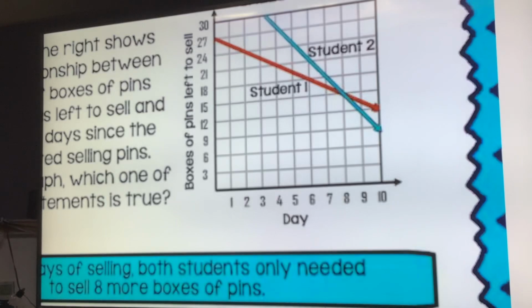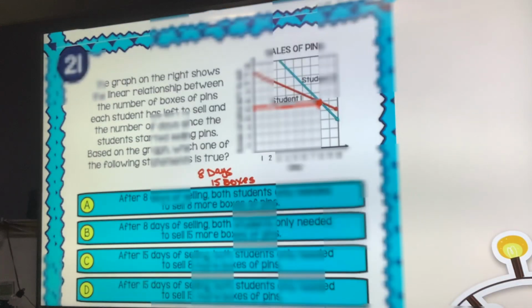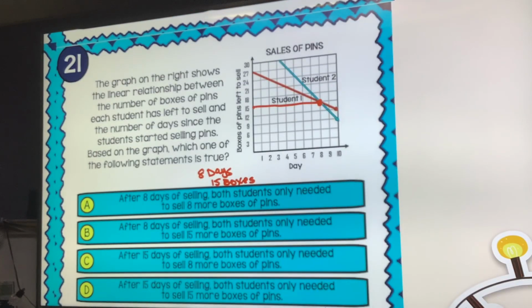So if I look at this, they are crossing at 8 days, at 15 boxes left. Okay. So I see 8 days, so that one's right. We are not looking at 15 days. So if you look at that, they flip-flopped it to get you.